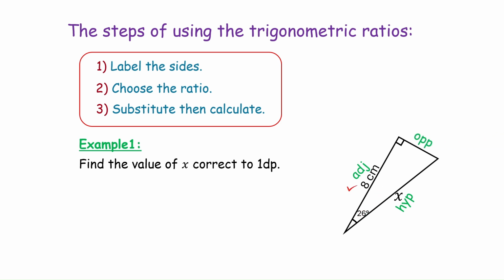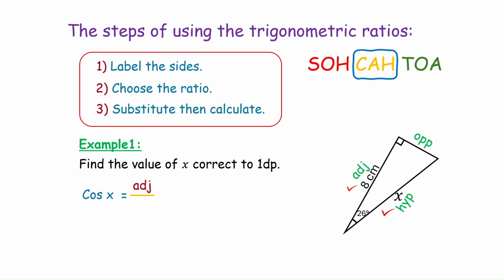Now we need to use the 8 and the x, which means adjacent and hypotenuse. Using the word SOHCAHTOA, we need to choose A and H, which means CAH, or cosine. Cosine equals adjacent over hypotenuse. So cosine 26 equals 8 over x.